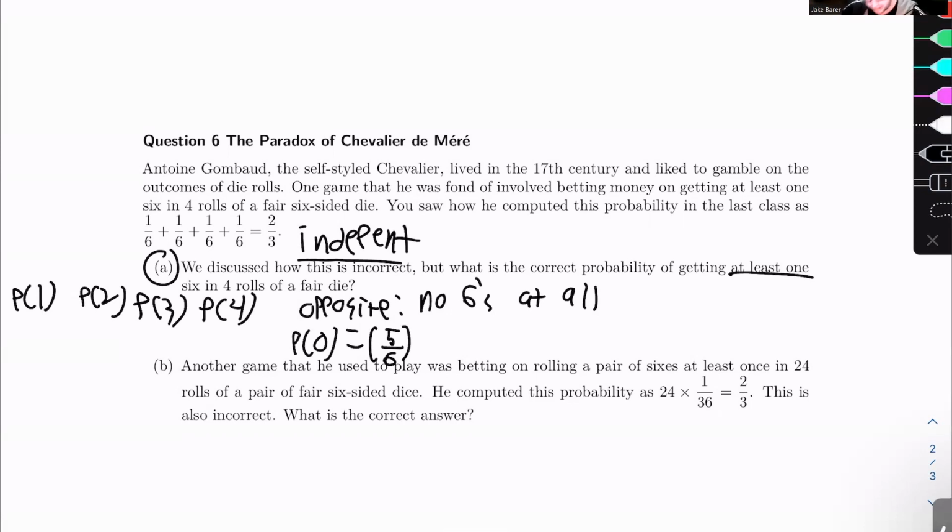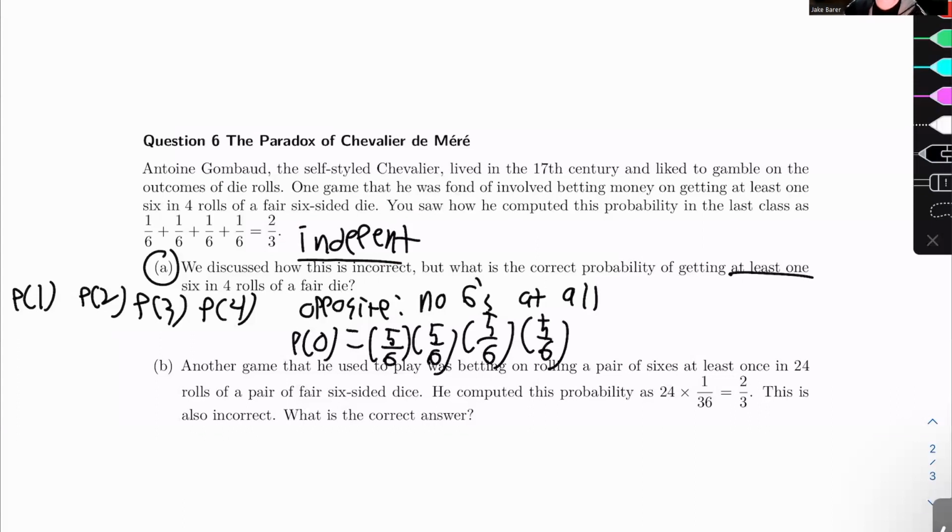So we already said earlier that these events are independent of each other. Dice roll 1 means nothing for dice roll 2. So since they're independent, we can use the multiplication rule and say for 2 dice rolls to have 0 6s, it would be 5/6 times 5/6. And we can do the same thing for 3 and the same thing for 4.